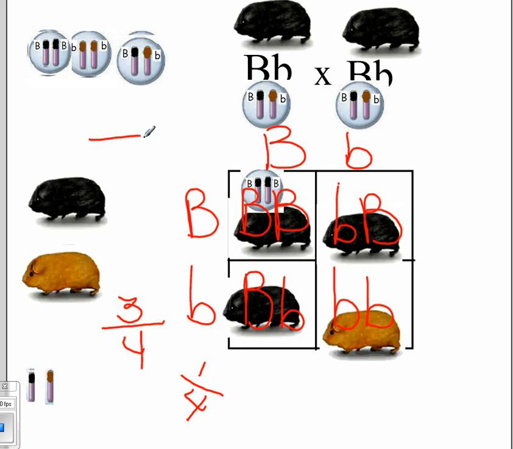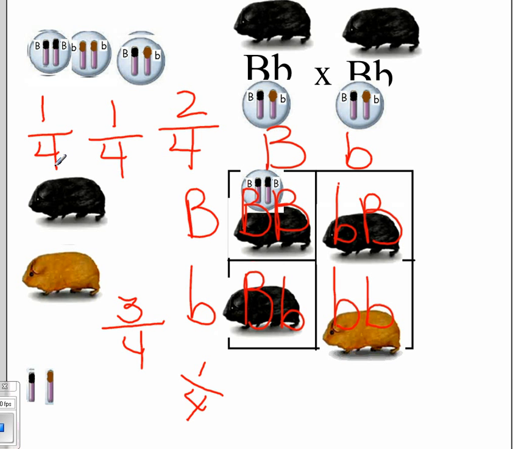There's still a combination of 4. What is the possibility that it's going to be homozygous dominant? 1 out of 4. Heterozygous? 2 out of 4 or 1/2. Homozygous recessive? 1 out of 4.